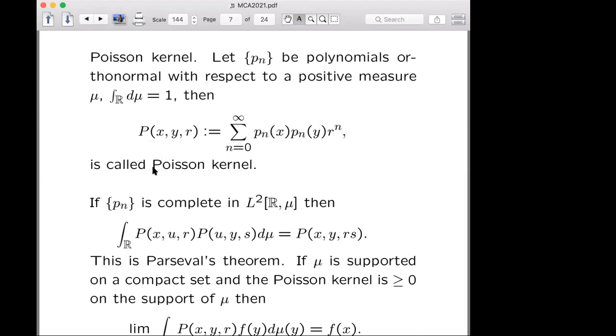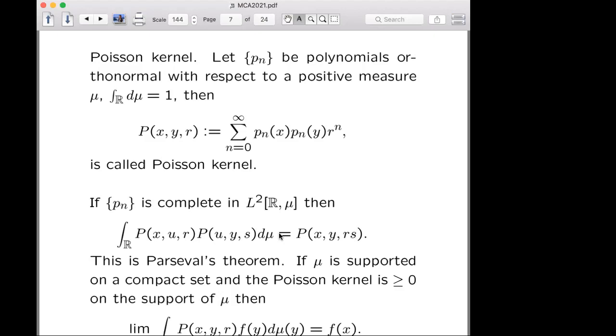Because if I integrate one of these at R times another one at S, what happens is that Parseval's formula makes the cross terms integrate to a delta Mn, and then the variable now is R times S. So this would be a semigroup if I replace R by e to the minus t and S by e to the minus s, that would be e to the minus s plus t.